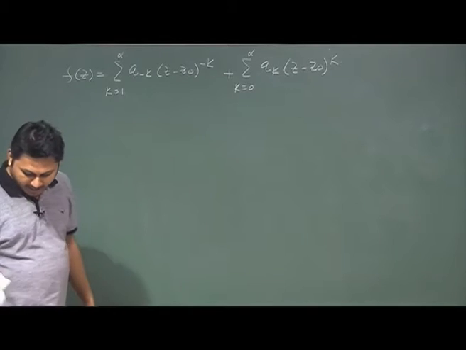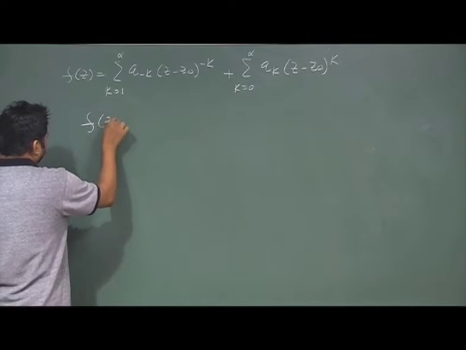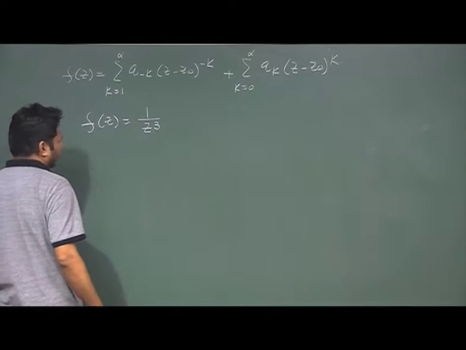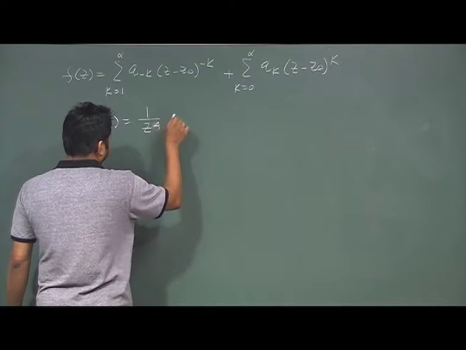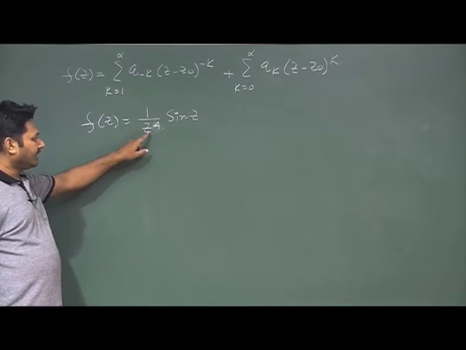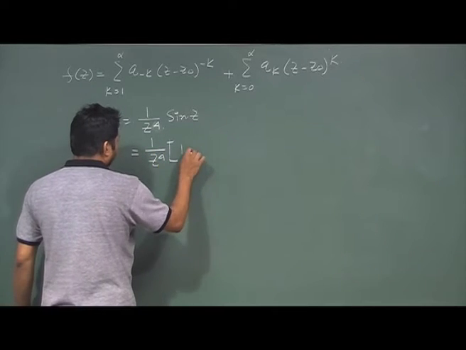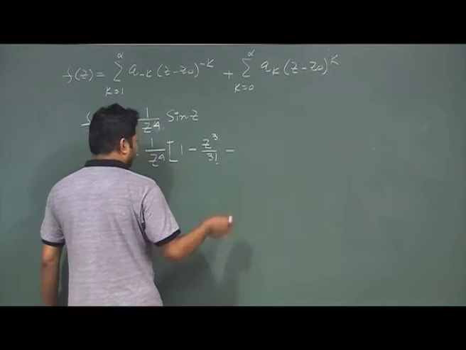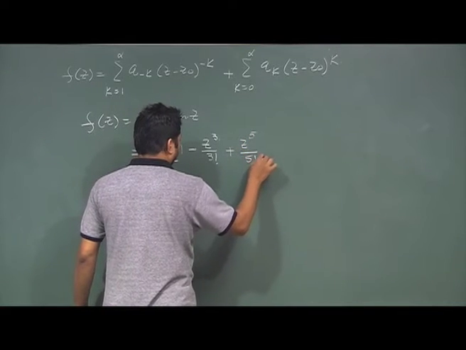The easy example is, say f(z) is equal to 1 by z to the power 4 times sin z. If I expand, then obviously we will find that after dividing by z to the power 4, the first term is 1 by z cube, the second term is 1 divided by factorial 3 times z, then the third term is z to the power 5 over factorial 5, and so on.